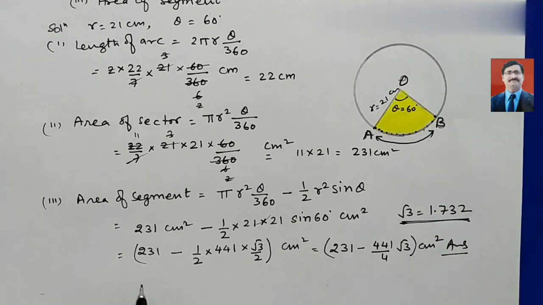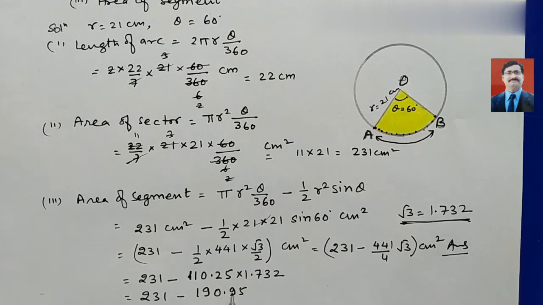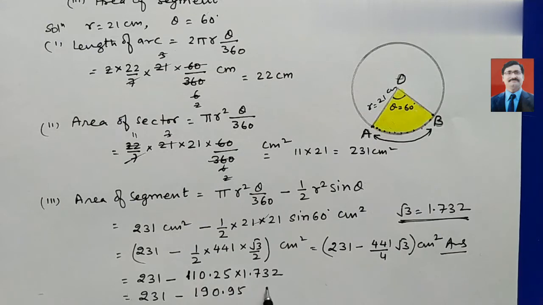So if we put this value here, 441 divided by 4 gives 110.25, and root 3 value is 1.732. We multiply these two and get approximately 190.95.